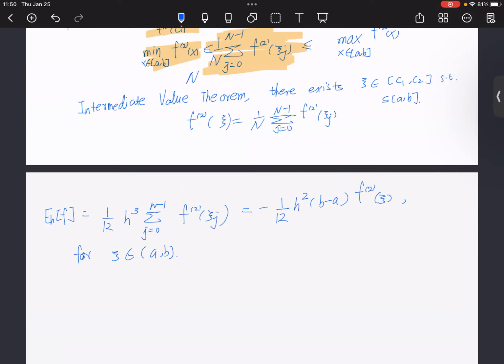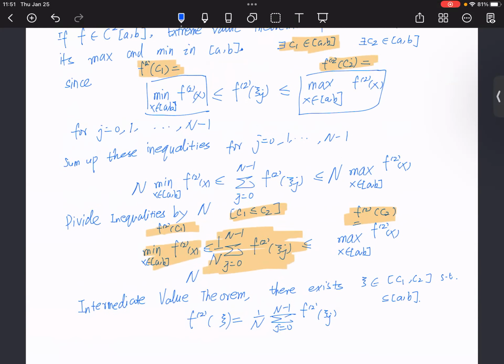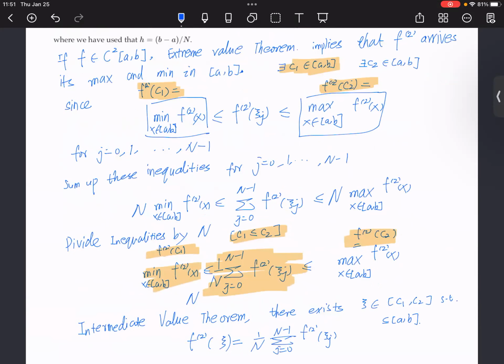Any question here? How to apply the extreme value theorem and the intermediate value theorem to get a common C? H squared.